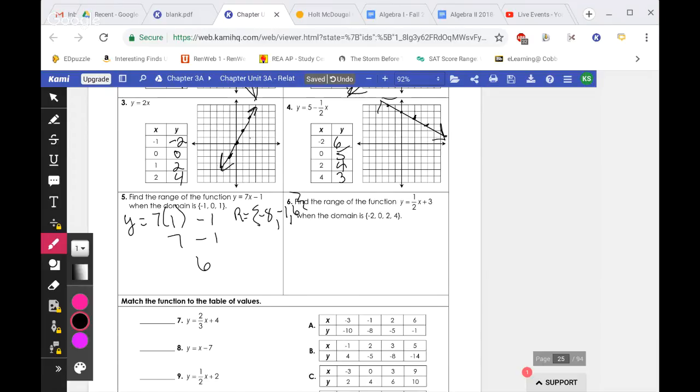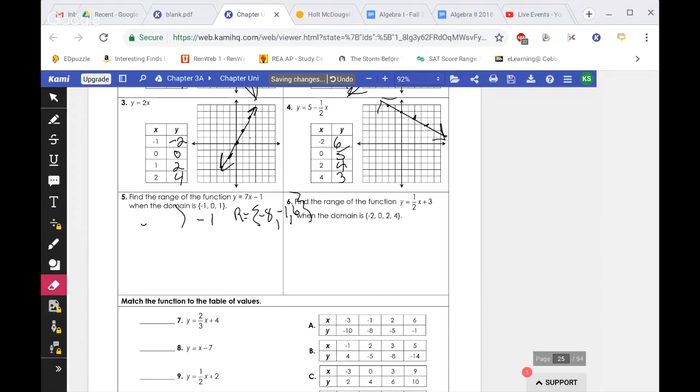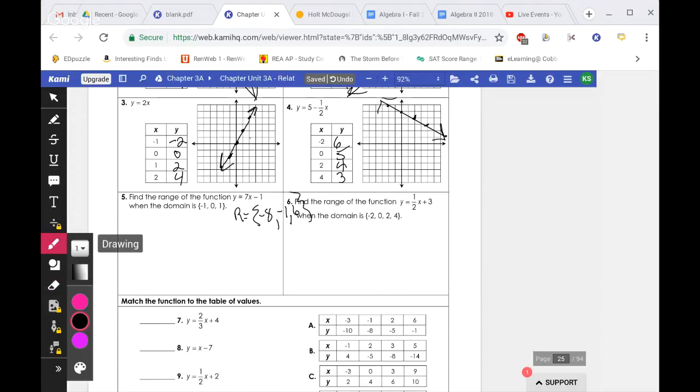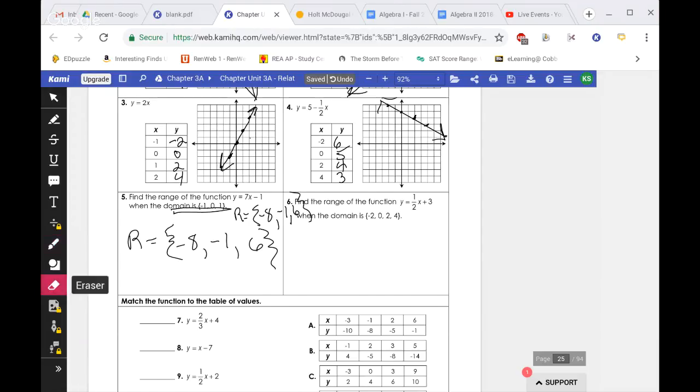So my range is kind of wonky looking for this one now. I'll erase this, but it's -8, -1, and 6. Because the range is just the values after you've plugged in the domain. It's all of the values that you find for that. So -8, -1, and 6.